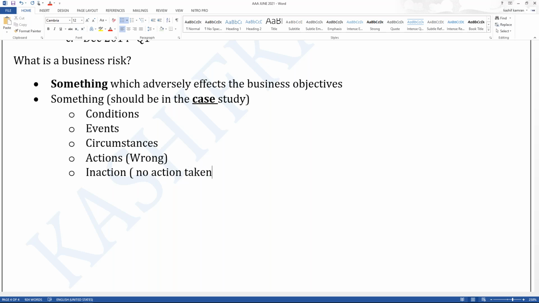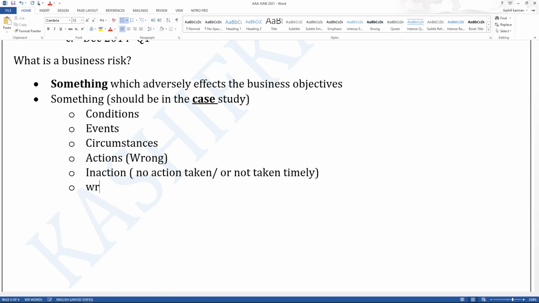For example, a competitor launched a new product and you didn't launch one. That's an inaction. But if the competitor launched a product and you also launched a product, but your product was very, very bad, that's a wrong action. So sometimes an action even results in a business objective being affected because the action was wrong. And sometimes you don't take an action, or it is not taken timely. Not taken timely is an example of inaction.